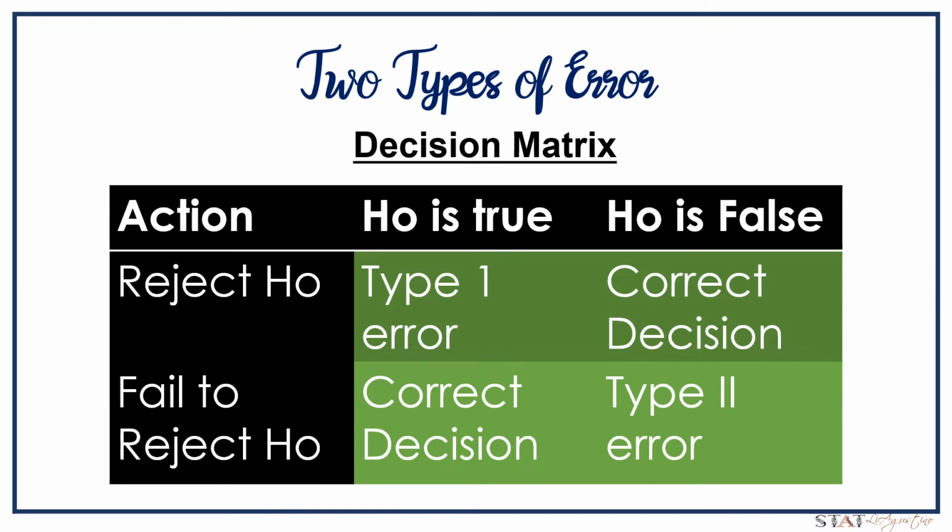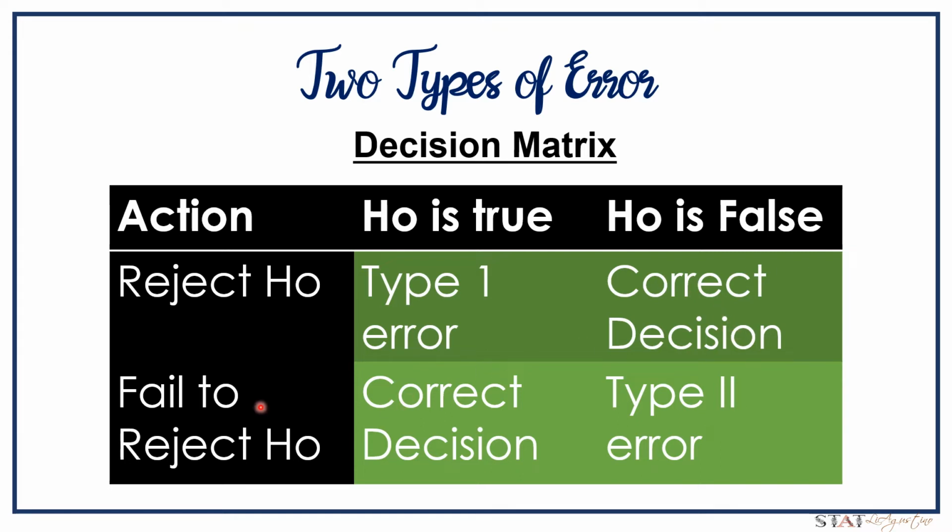If your action is reject H0 and in reality H0 is really true, then you've committed a type 1 error, because you rejected it when in fact it is true. If you reject H0 when in reality H0 is false, then you have a correct statistical decision.